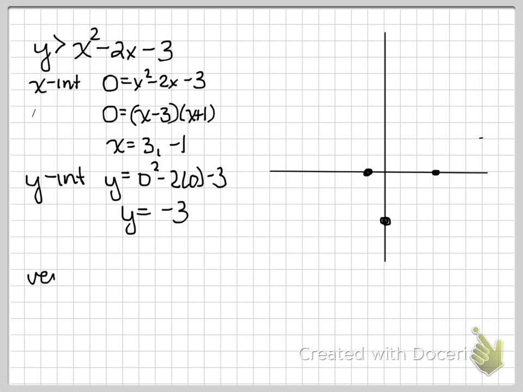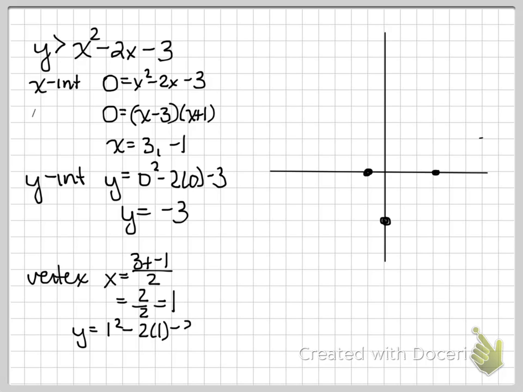So for the vertex, x equals 3 plus negative 1 divided by 2, and that's 2 divided by 2, which is 1. And then substitute it back into the equation, so y equals 1 squared minus 2 times 1 minus 3. 1 minus 2 minus 3 is negative 4. So my vertex is at 1, negative 4.